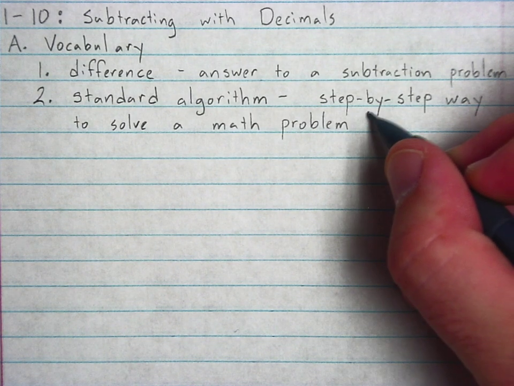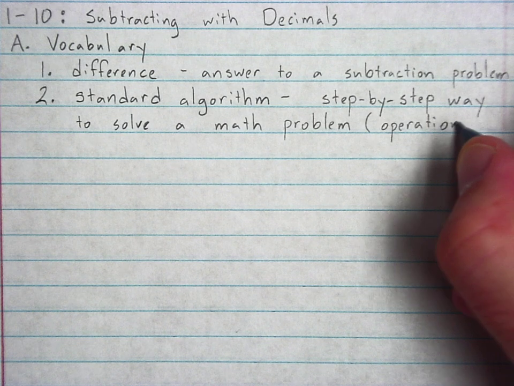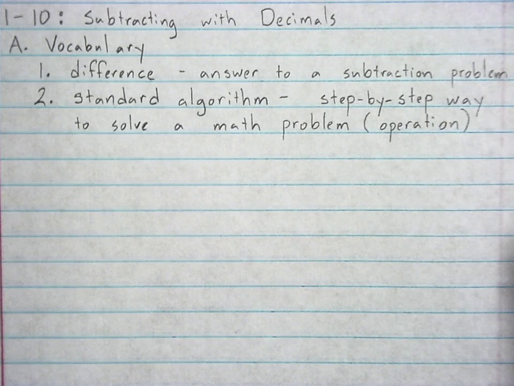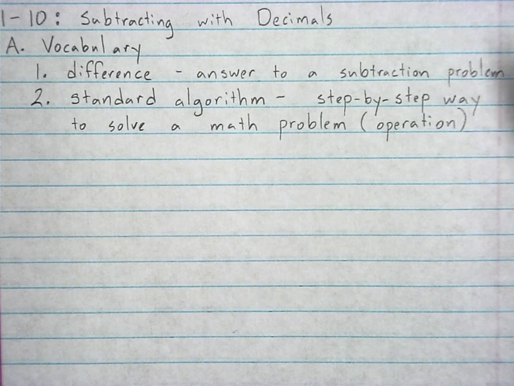I think I'm going to add in parentheses operation. Again, our operations in math: add, subtract, multiply, divide. There are others, but those are the main ones. The standard algorithm is just a step-by-step way to do it. It's what you've always learned. I'll repeat that a few times probably. All right.